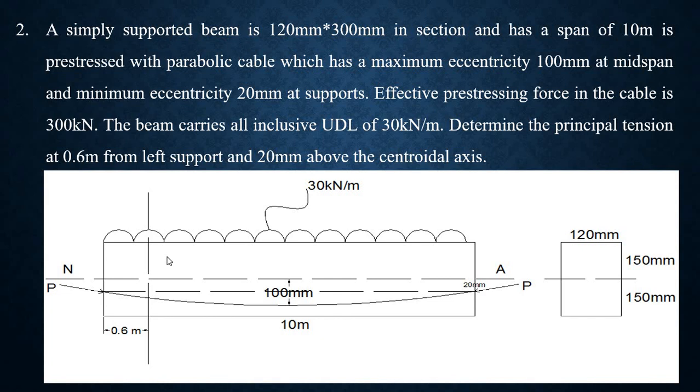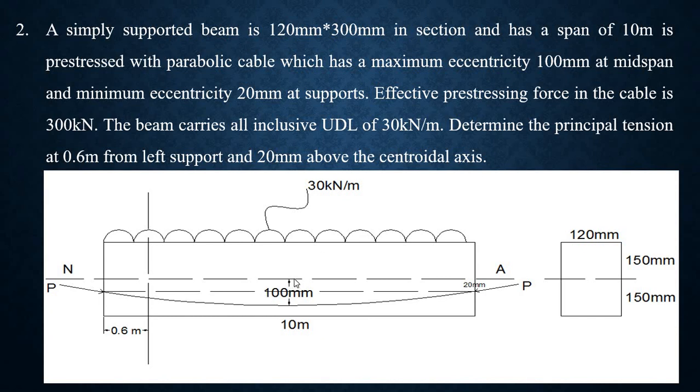Next, the diagram is not given, so write a beam carrying a UDL which is having 30 kN per meter. This NA is nothing but a neutral axis. From here to here, it's a parabolic cable, and they have clearly given this parabola have a maximum eccentricity of 100 mm at midspan.